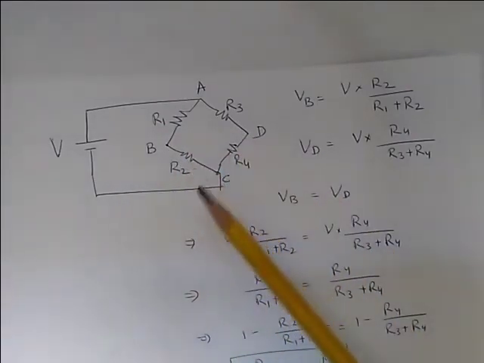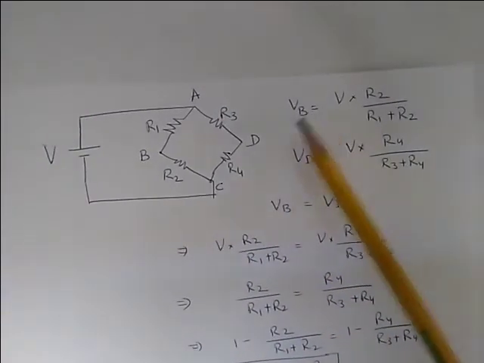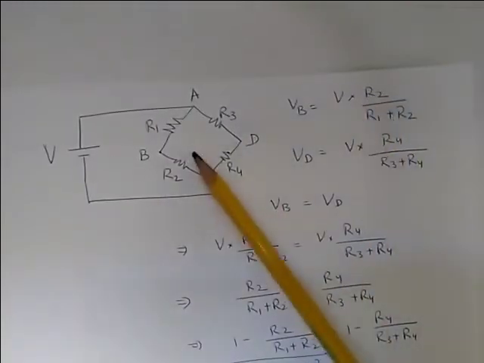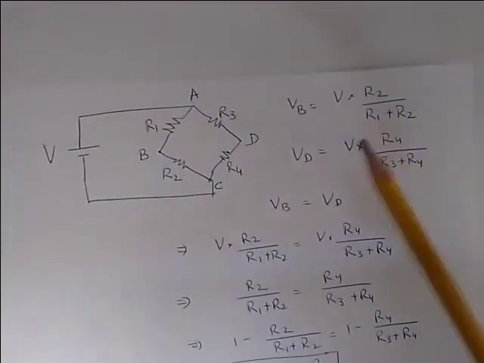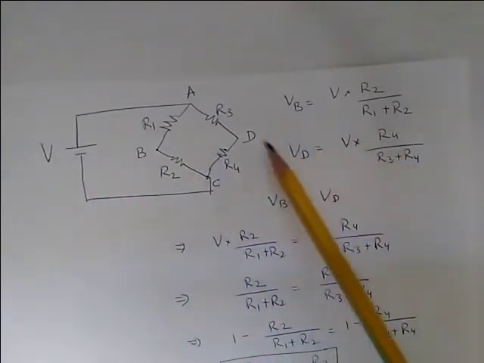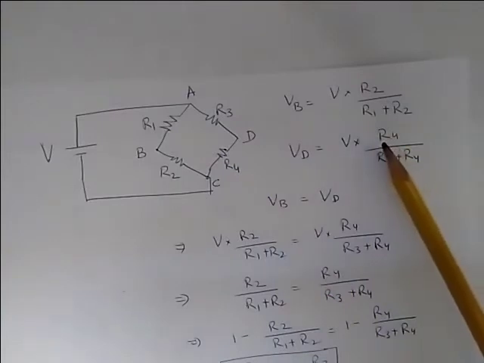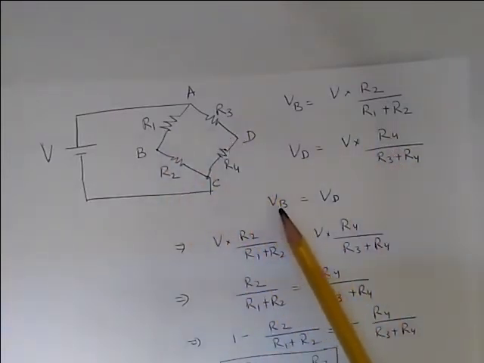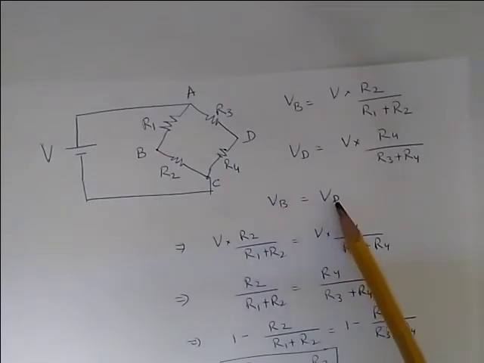So to do that, we need to calculate VB, that we saw as V multiplied by R2 divided by R1 plus R2. Voltage at D in the same fashion is V multiplied by R4 divided by R3 plus R4. Now the condition for no current flow between B and D is that VB is equal to VD.